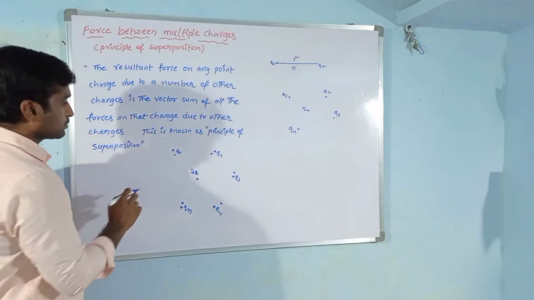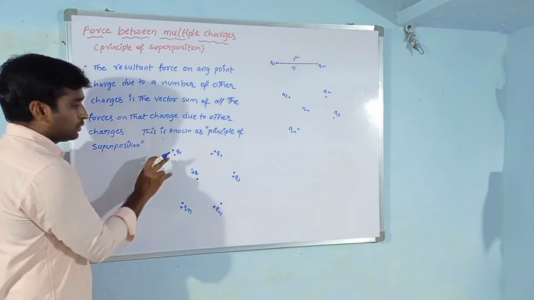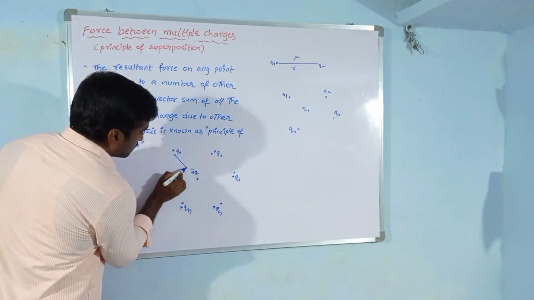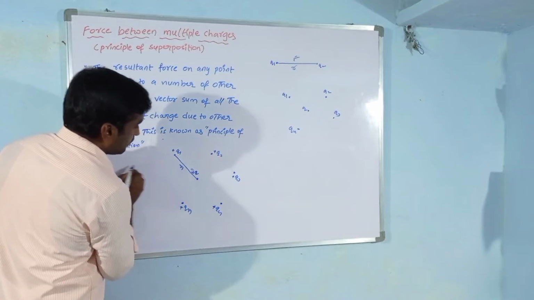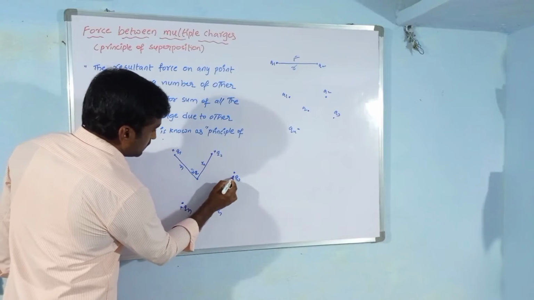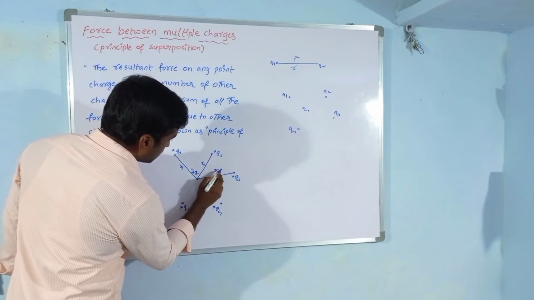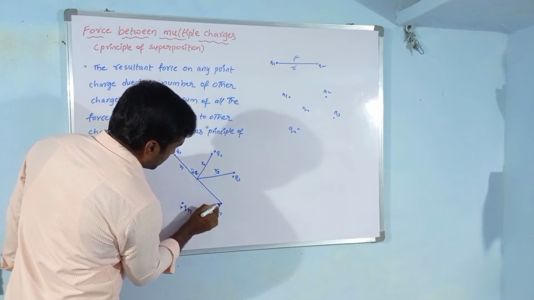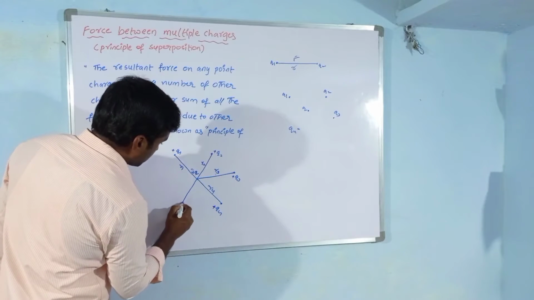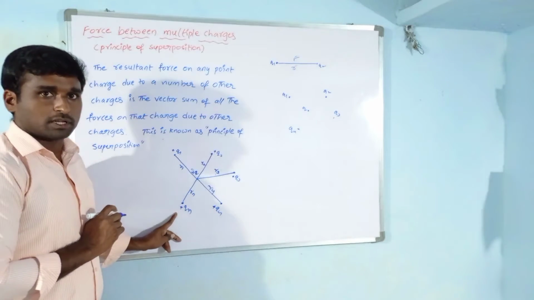What is the force acting between these two? When I take two like charges, there will be a repulsive force, we know that. These two are separated by distance r1, these two by distance r2, r3, r4, and these two by distance rn, because this is the nth charged particle.